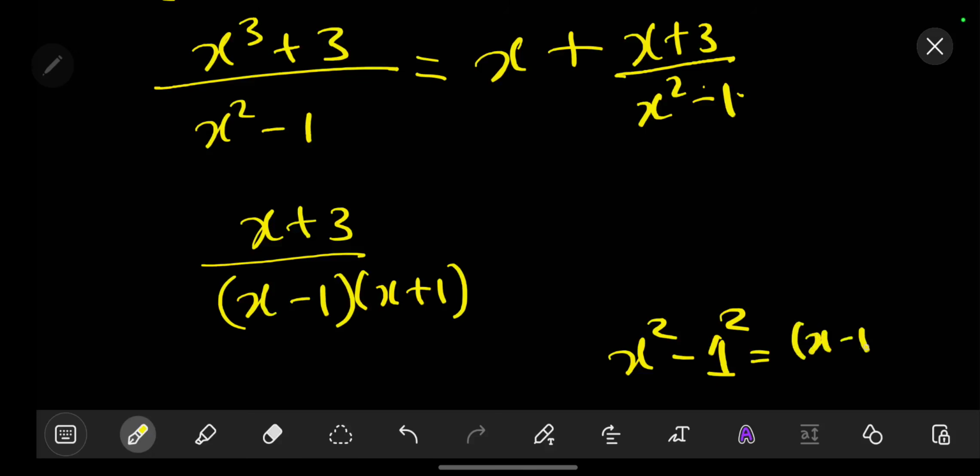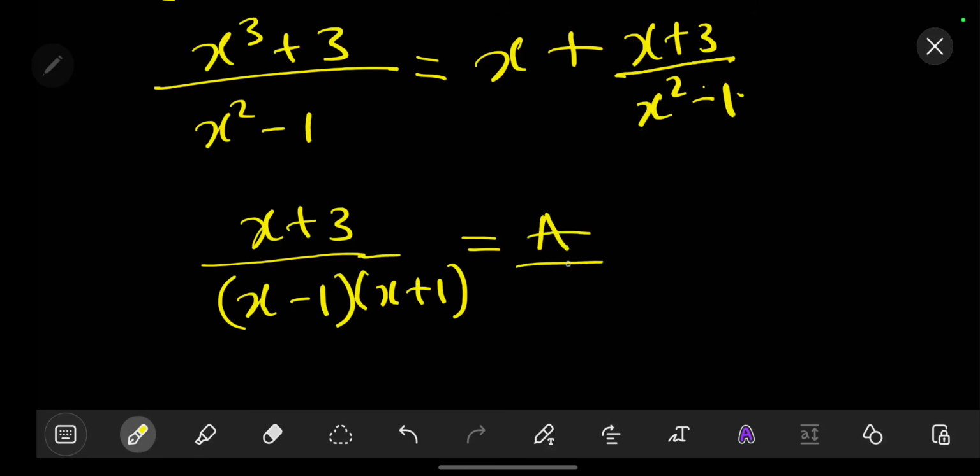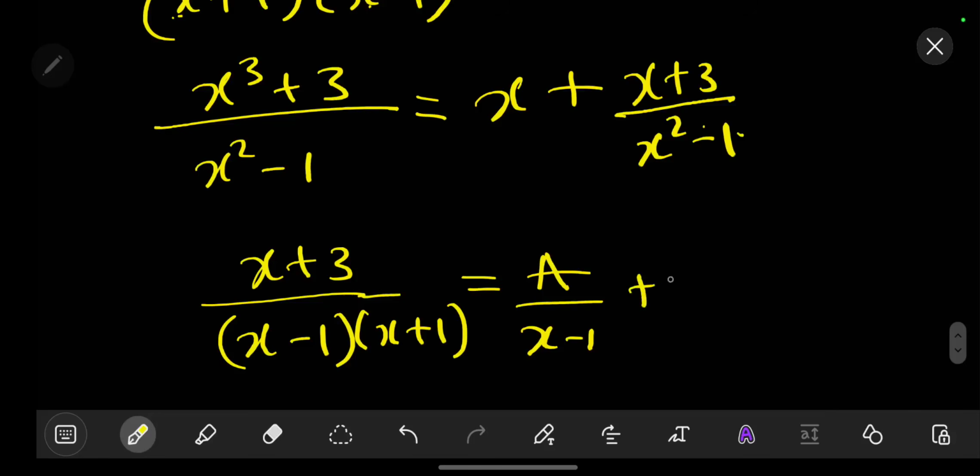So we have our x minus 1, we have our x plus 1. When it is factorized, this should be equal to a over the first denominator, which is our x minus 1, plus our b over the second denominator, which is our x plus 1 like that.